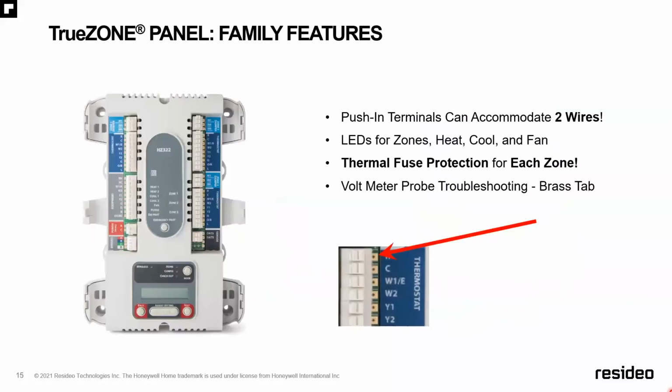stages of cooling. Okay, so let's talk about some of the features that we're very proud of in general that make our zoning boards very, very easy to work with. And so it's the push pin terminals. So basically, when you push in on the terminal, it has a split in there so that you're able to actually feed 2 wires under 1 terminal.